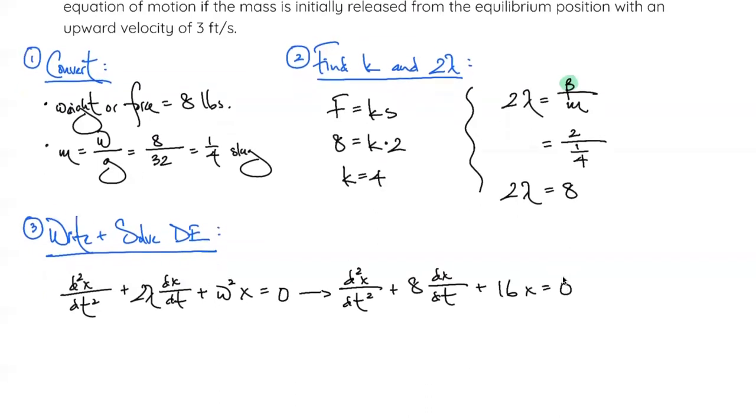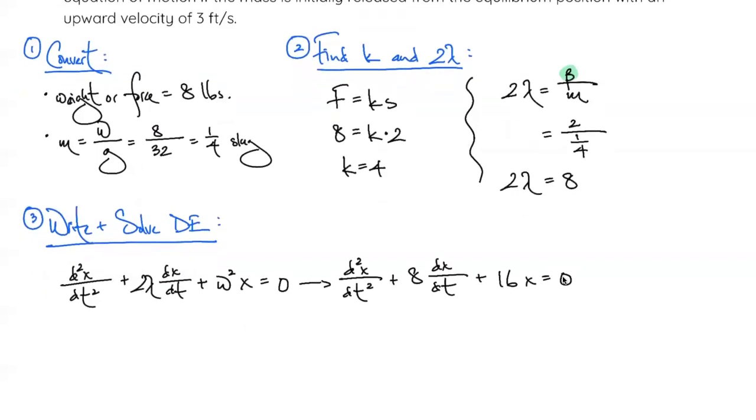Now, this is good. If you look at the structure of this differential equation, you might notice that as soon as we write the characteristic equation, we have a perfect square. And that is how we know that we're going to have this critically damped situation. If your characteristic equation, r squared plus 8r plus 16, is a perfect square, then you have a critically damped system.